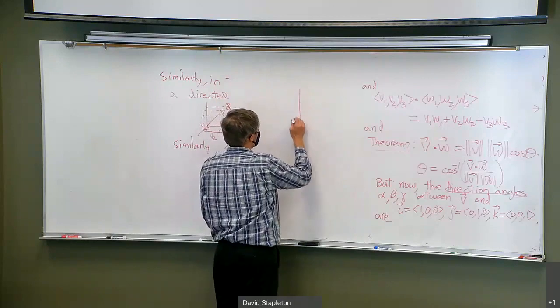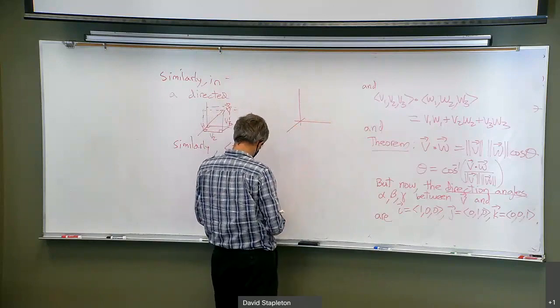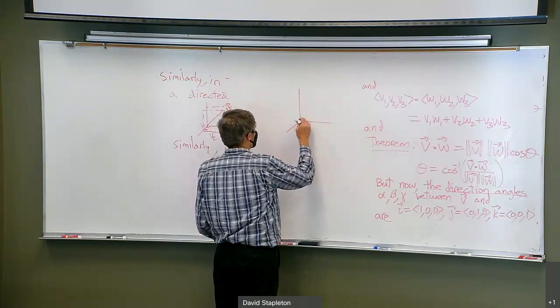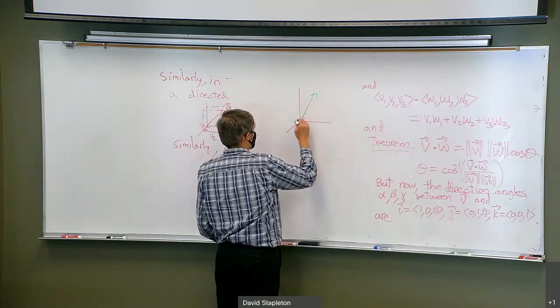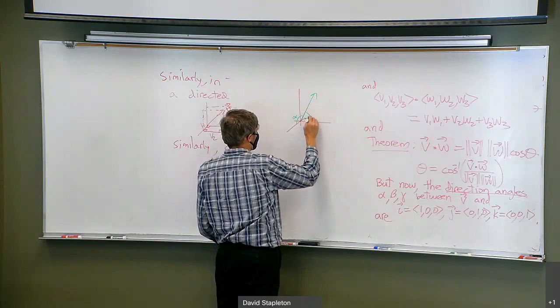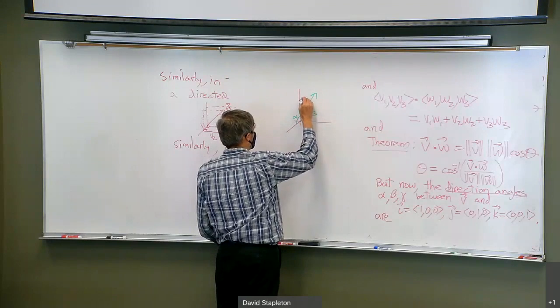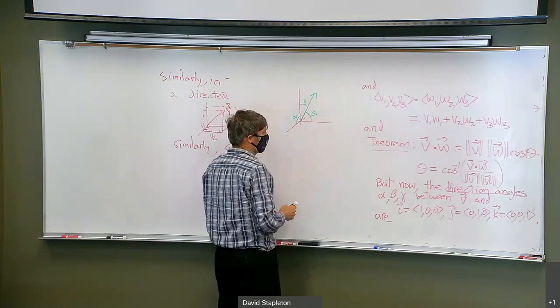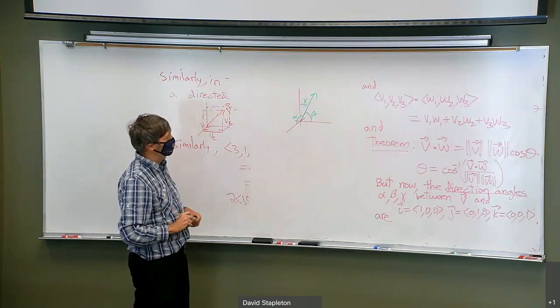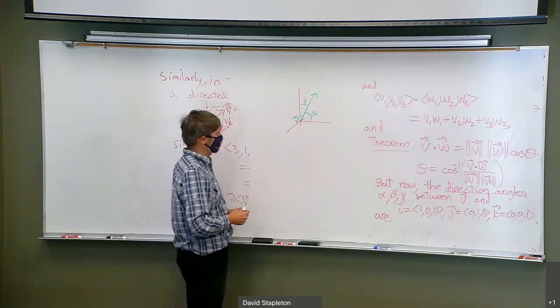Here's the picture. I take a vector v, right? It has some angle alpha down to the x-axis, some angle beta to the y-axis, and some angle gamma to the z-axis. Once in a while, you need to find those, and you think maybe those are pretty complicated to find, right? Not so. They're pretty easy.